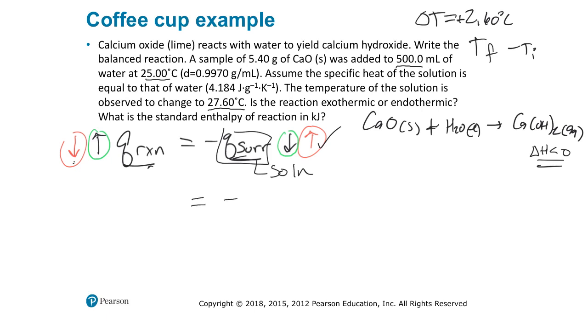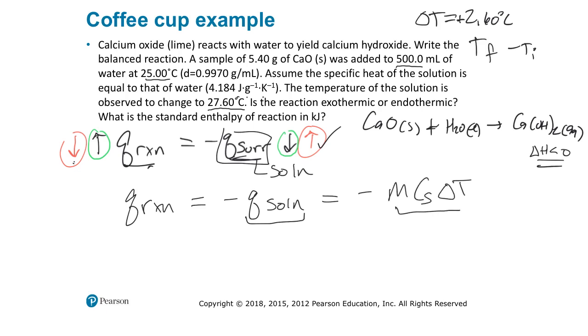So we could express our Q reaction as just the negative Q of the solution. Now the solution is mostly water. Water is a pure substance. We like to describe pure substance with a specific heat. We have a specific heat given here, joules per gram Kelvin. So our solution can be described by that m c s and the delta T, and these all being for the solution.